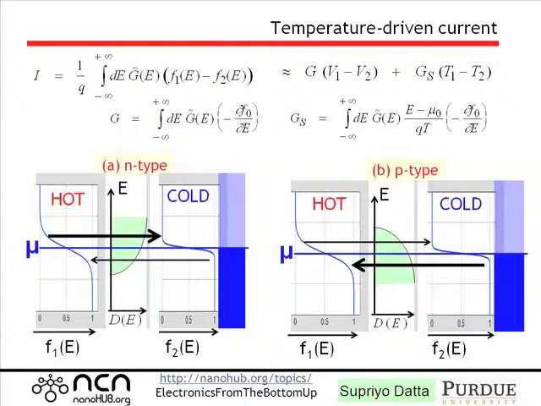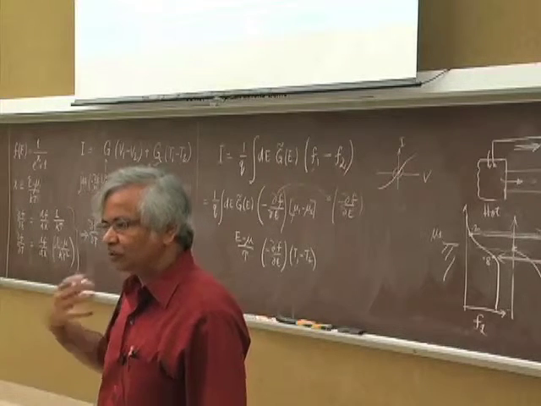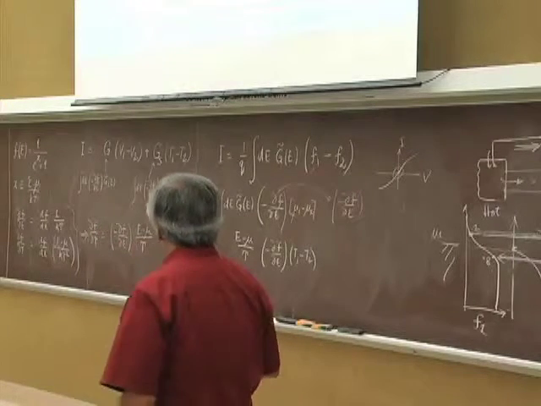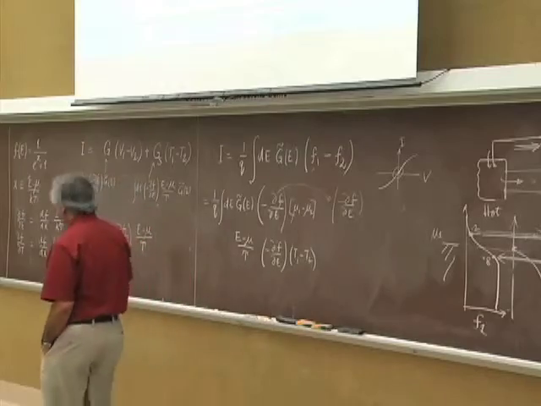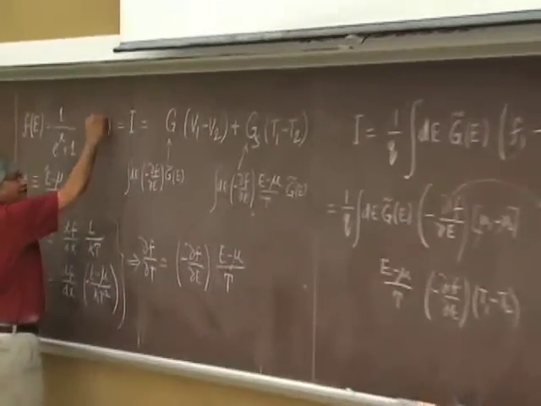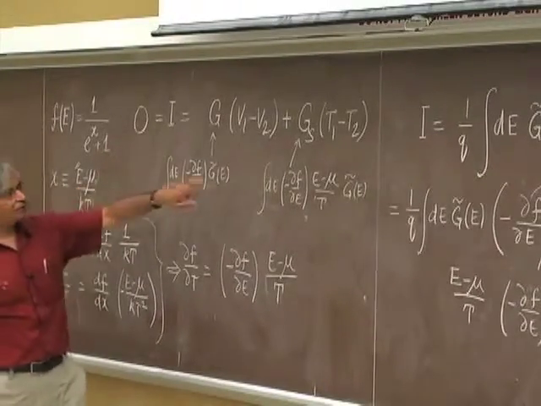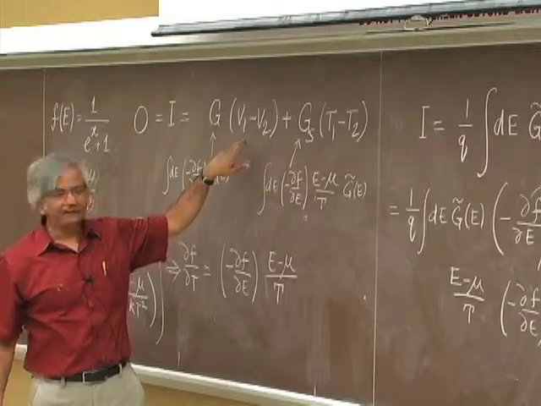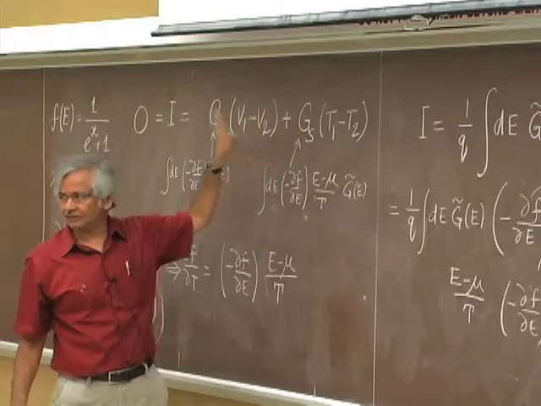And usually in thermoelectrics, the measured thing is this Seebeck coefficient. That is, if you leave it open circuited, what voltage do you get? What you do is you leave this open circuited, so the current is 0. And then you say, for a given temperature difference, how much voltage difference do I get? And that is actually the ratio of this and this.